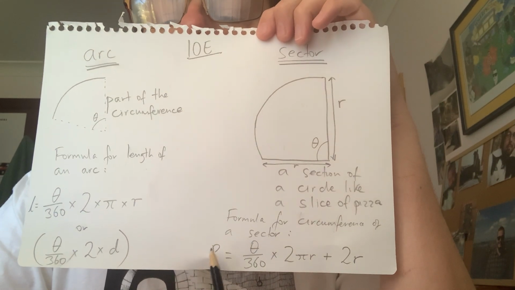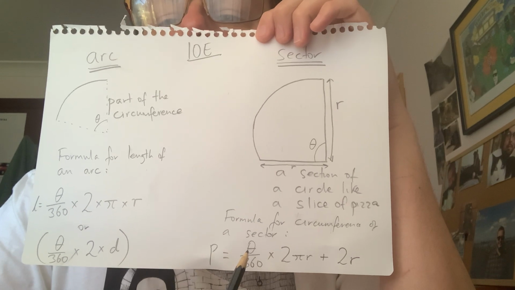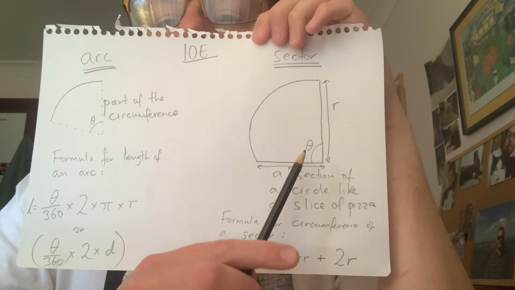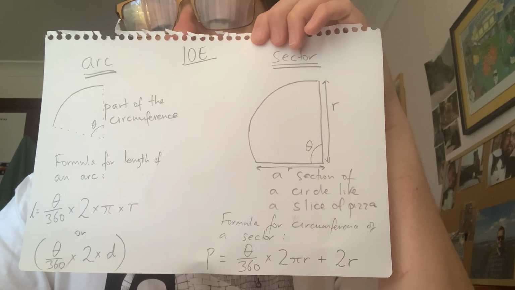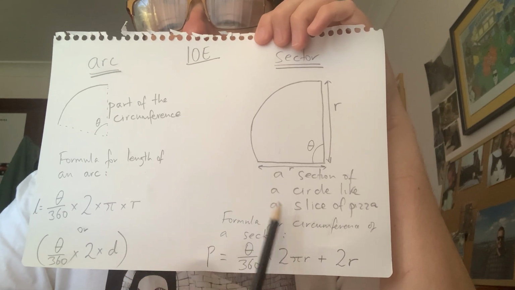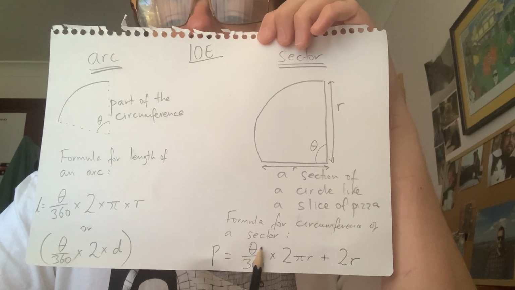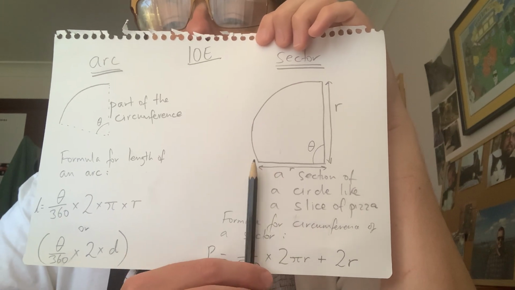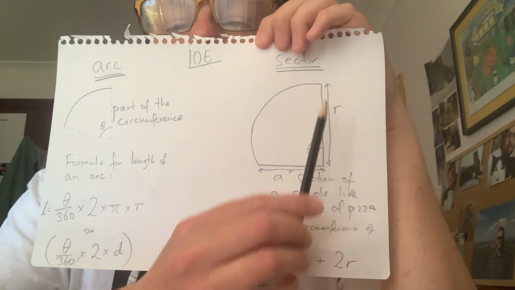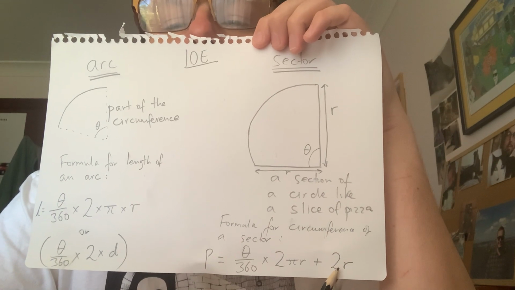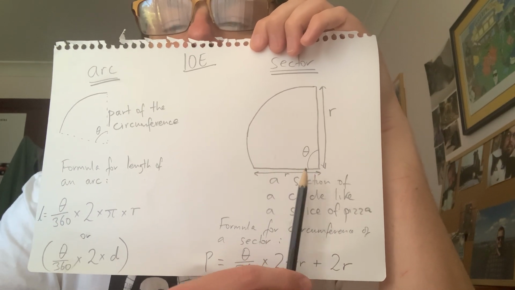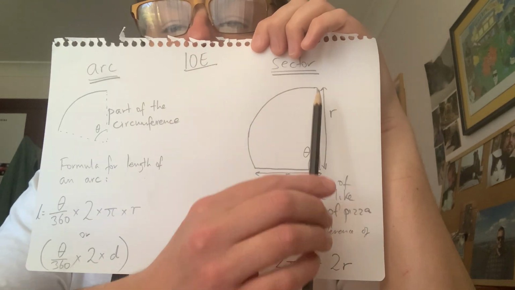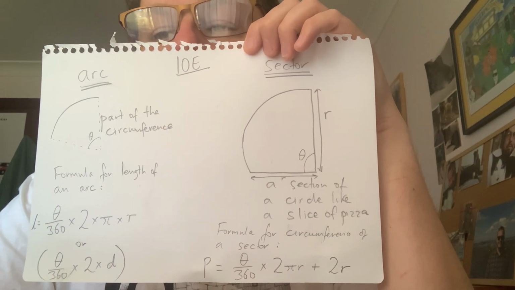So for the perimeter of a sector, it's going to be theta over 360 times 2 times pi times r. And all of this stuff here gives us the length of the arc, which we just looked at. And all we've got to add to that is 2 times radius, because there's a radius there, and there's a radius there that has to be added to it.